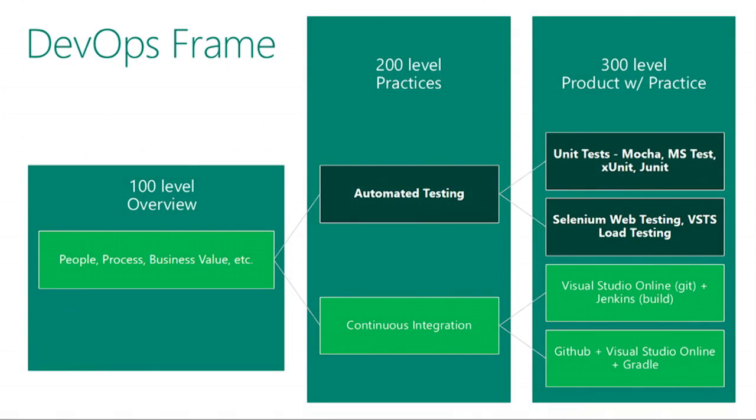So just to kind of position what the DevOps practice is, how does it fit in? We've given you, in a previous module, the high-level overview of what is DevOps. And at a 200 level, it's these DevOps practices, continuous integration being one of them, connecting that with individual technologies. There are a ton of different ways you could implement continuous integration.